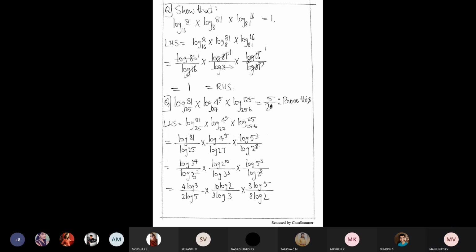A to the power of m into a to the power of n is equal to a to the power of m plus n, right? Yes, sir. You can extend it to 3 terms. Now this becomes x to the power of n by p plus m by p plus n by q.